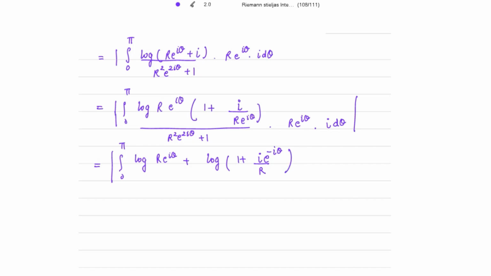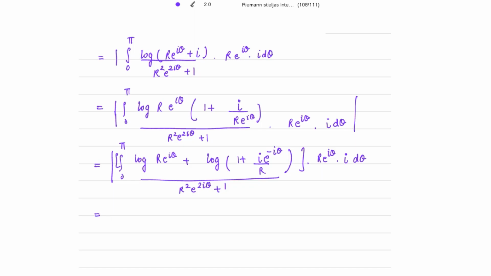And then this is R e to the power iota theta into iota d theta, and the denominator as it is. Fine, okay.